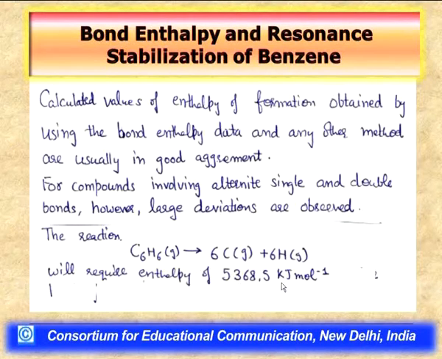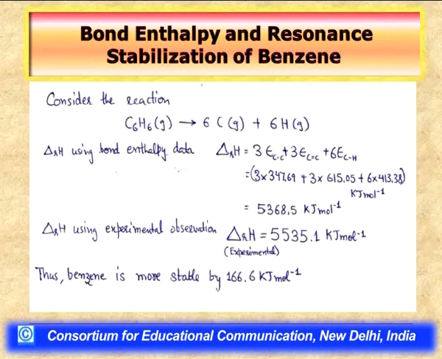If we carry out the calculation for this reaction using the bond enthalpy data, we will be required to supply 5368.5 kilojoule of heat for every 1 mole of benzene, which undergoes decomposition to form 6 moles of carbon atoms and 6 moles of hydrogen atoms.